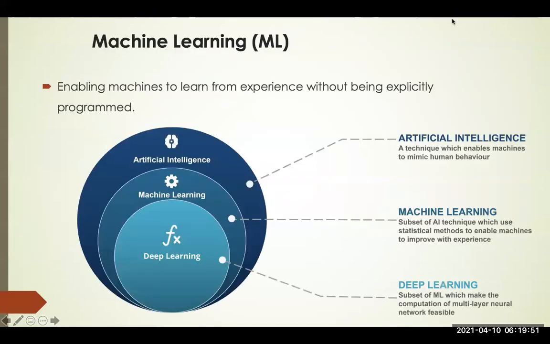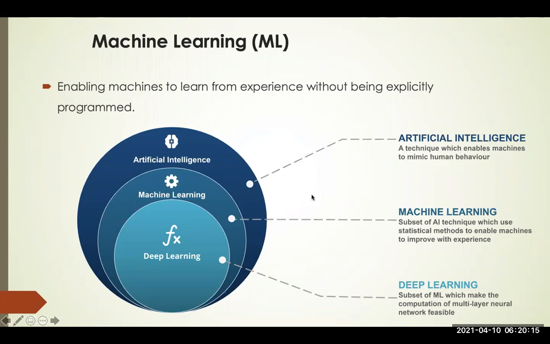Okay, so we've laid the foundation for machine learning. We said it's the act of enabling machines to learn from experience. By experience, we mean from data, without being explicitly programmed, without explicitly designing rules for these algorithms.